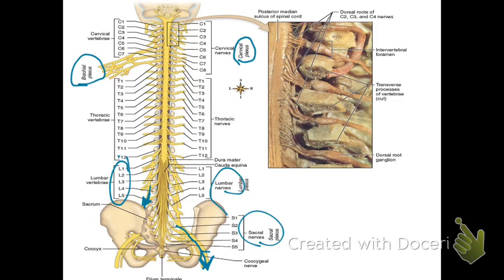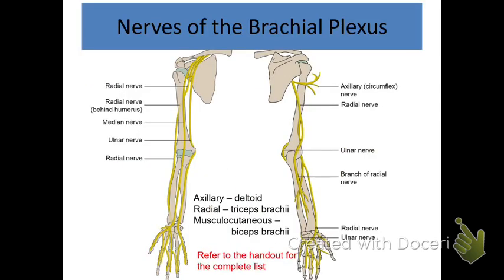As you look at the cadaveric image here, you appreciate that the spinal cord, you can see those nerve roots merging to make the root, and we'll be seeing more of these images. You're going to be learning the names of quite a few nerves.